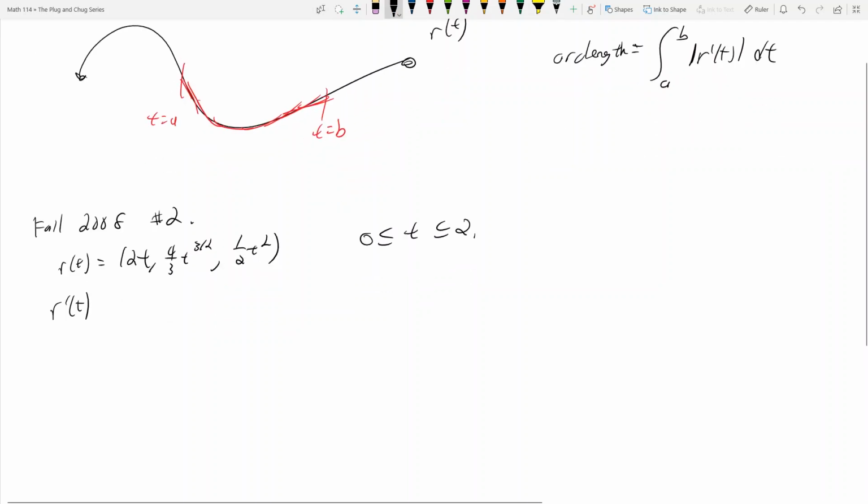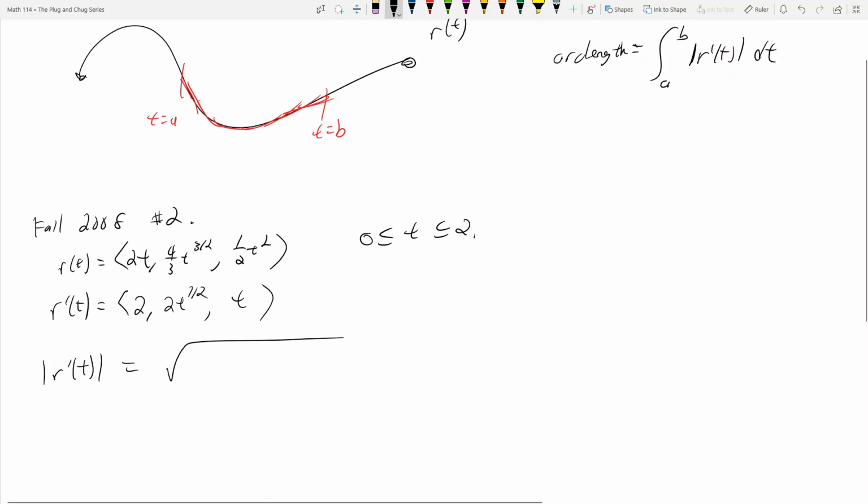So r prime of t, which is the velocity vector, is going to be equal to, and these guys really should be vectors, right? This is equal to 2, bring down the 3 halves, and that becomes 2t to the 1/2, and then this becomes t, bring down the 2, by itself. All right, so that's what r prime of t is. What's the magnitude of r prime of t?